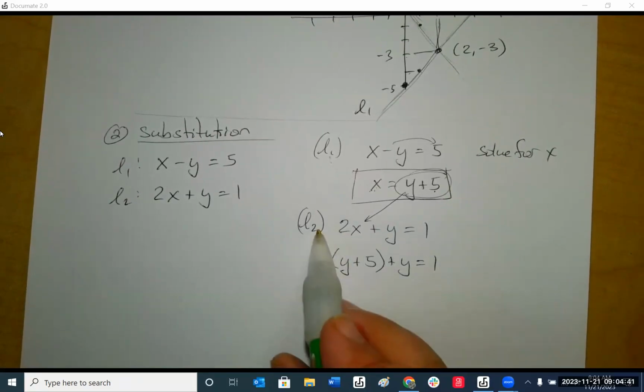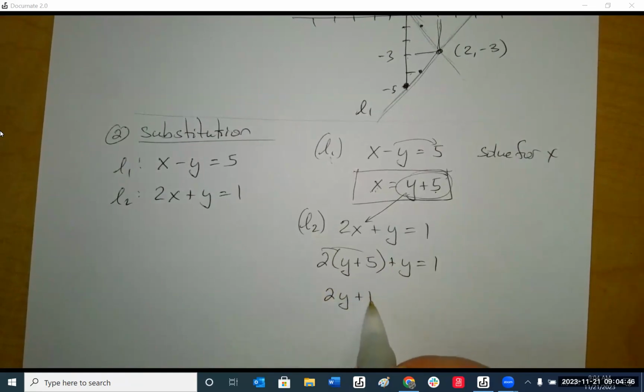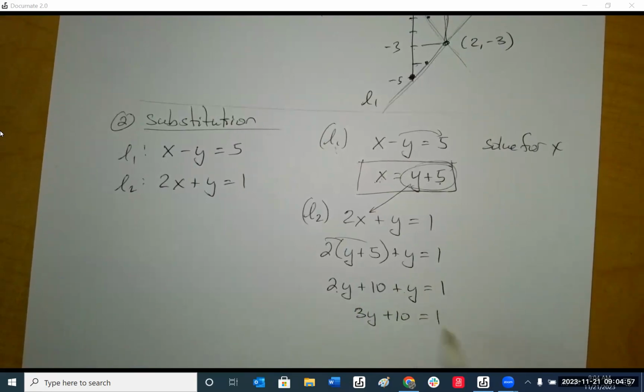So now I solve line 2 for y. I have 2y plus 10 plus y equals 1. Combine like terms, 2y plus y is 3y plus 10 equals 1.